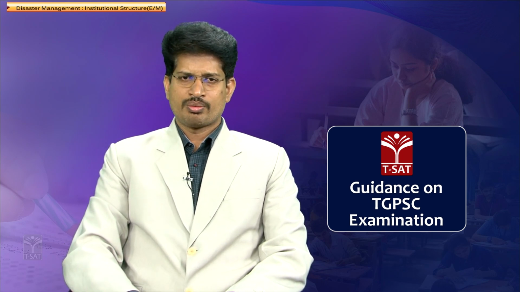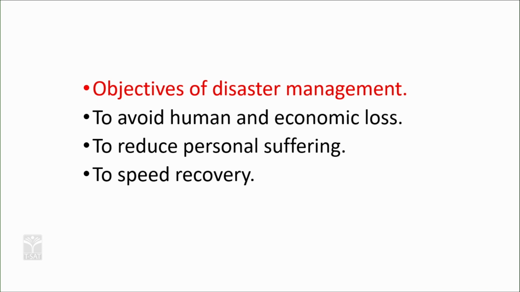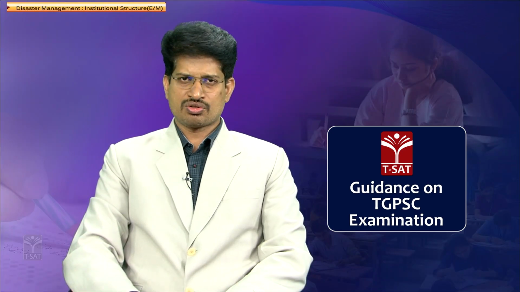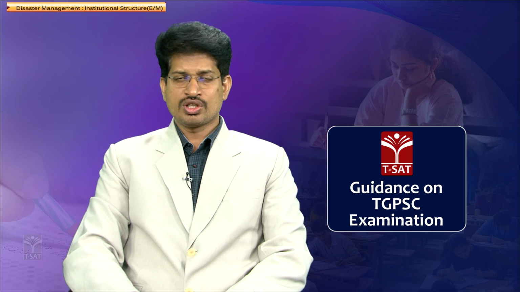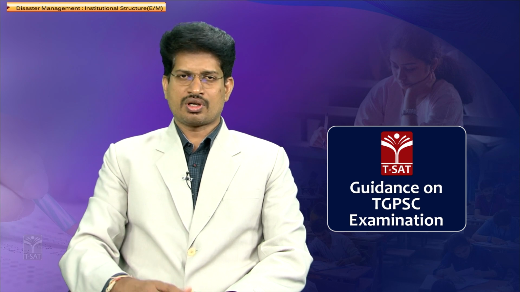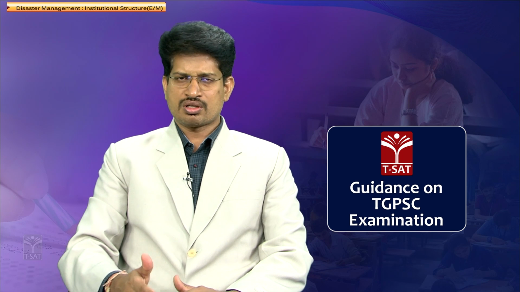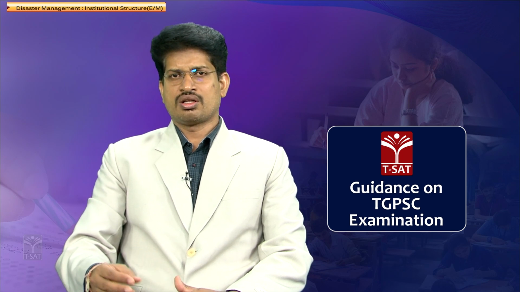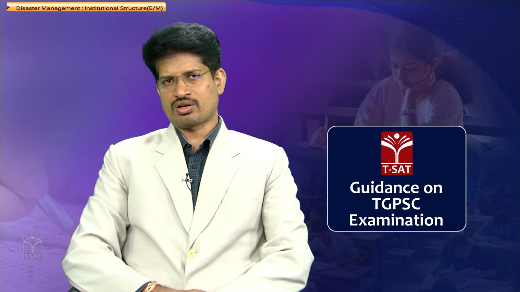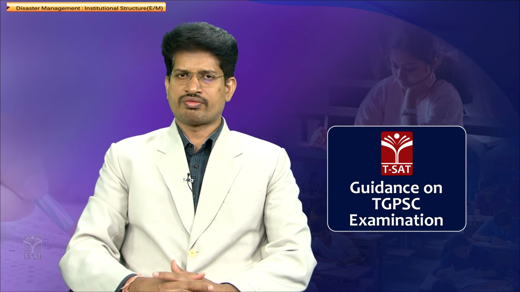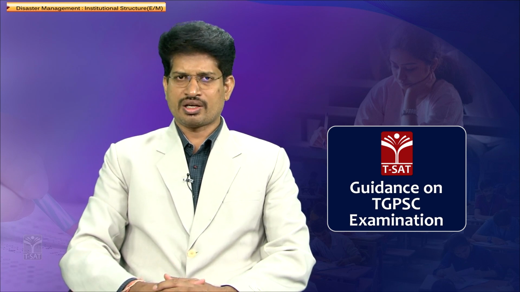To reduce personal suffering. Personal suffering means, for example, if in the process of a disaster the head of the family is lost, the consequential impact of the loss of the head of the family falls on the rest of the family members in terms of economic activities or different kinds of earning mechanisms.